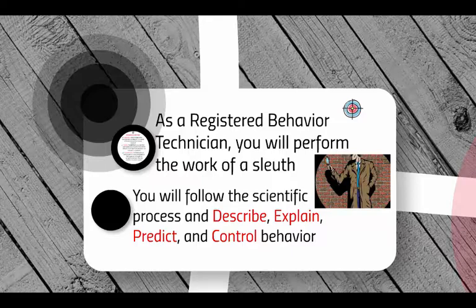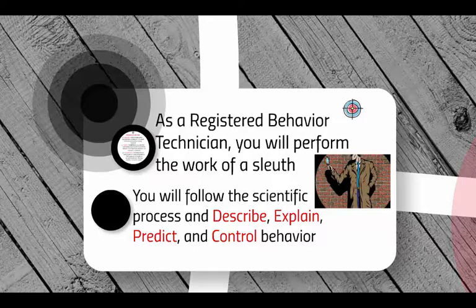We go through this process in science of describing what we're looking at, trying to explain what we see, and then as a result of the description and the explanation, we get into this business of predicting what will occur and then ultimately controlling. And when I use the word control, I mean so in a benevolent way. We are controlling behavior for the benefit of the individual, not for the benefit of other people, but for the direct benefit of that individual.